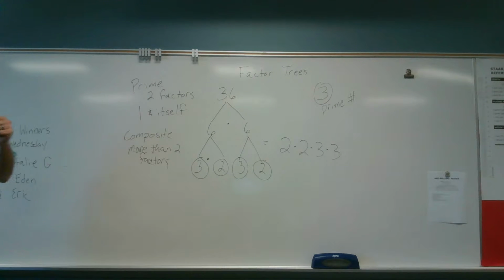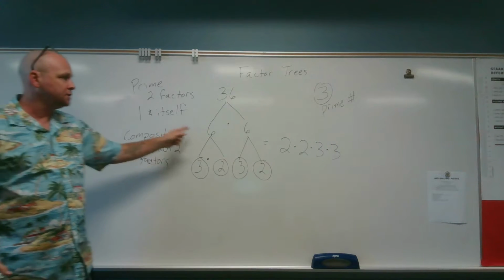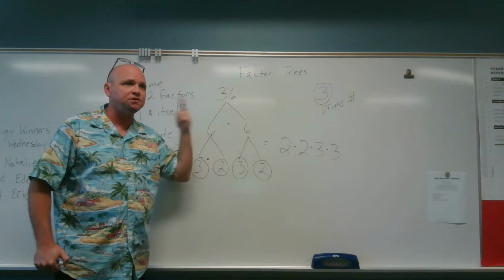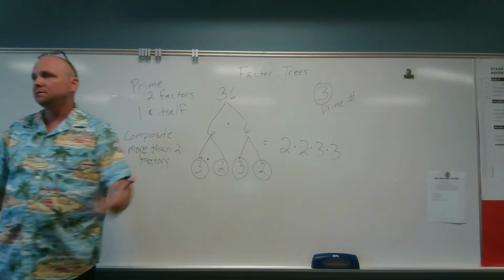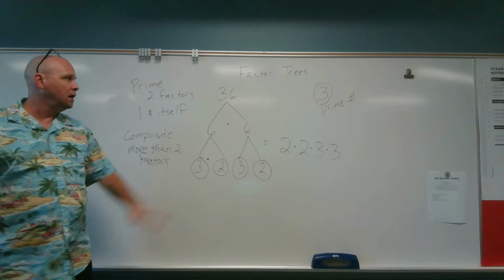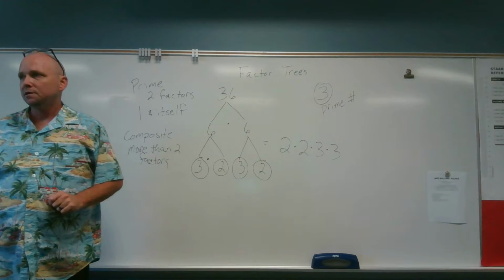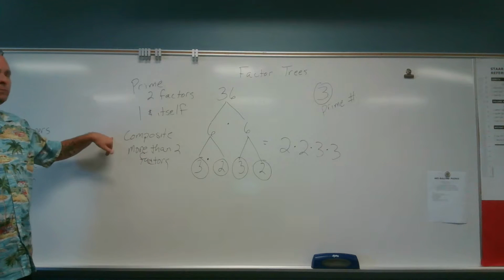That's the only way to get to 3. Composite has more than 2 ways. We already talked about 6 times 6, 18 times 2, 3 times 12, 4 times 9. Those are all the factors of 36. So there's more than one way to get to 36. That makes it a composite number.